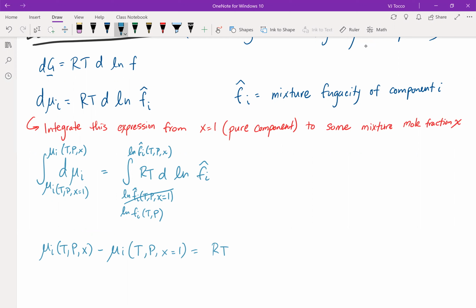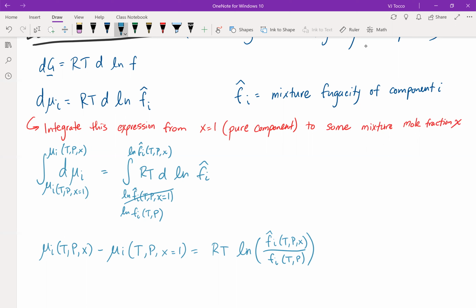Then since we have an ln of the mixture fugacity, when I subtract them, I can use a property of logarithms to put them in a fraction together. So it's ln of the mixture fugacity as a function of T, P, and x divided by the pure component fugacity as a function of T and P.